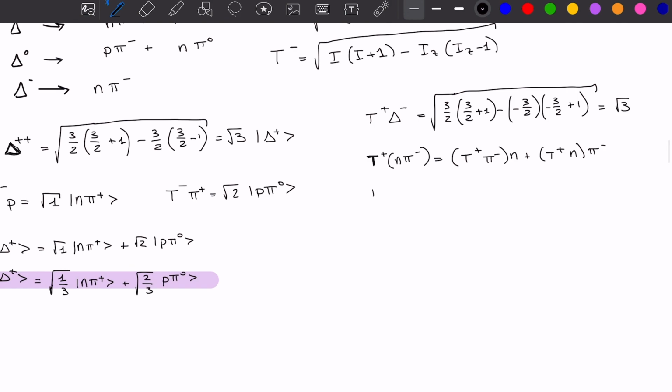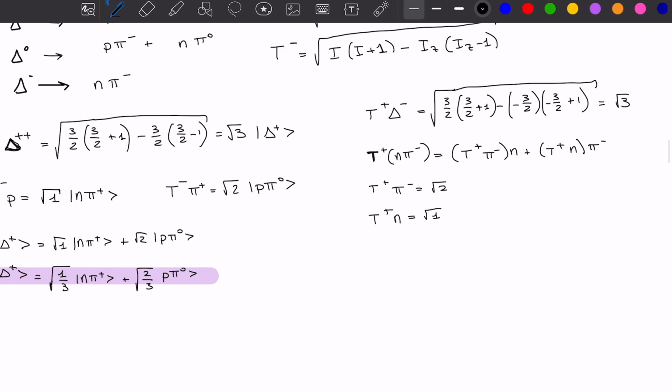So now let's do the calculation. T plus pion 0, and then we will get root of 2. I'm not going to go through the calculations, but do go through them and try and prove the maths right. So then the ladder operator plus on the neutron will be just root of 1.